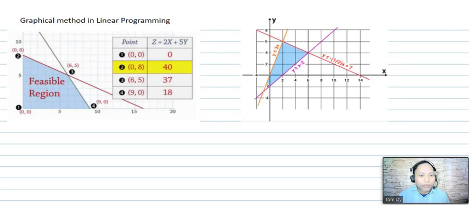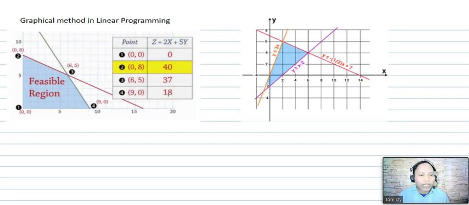So 2 times 0 plus 5 times 0, that is 0. And then for this case, we substitute the value of x here as 0, and then y as 8. That means 2 times 0 equals 0 plus 5 times 8, that is 40. So we have here 40. For this case, 2 times 6, 12, plus 5 times 5, 25. So 12 plus 25, that is equivalent to 37.